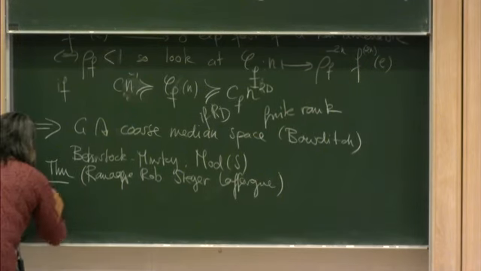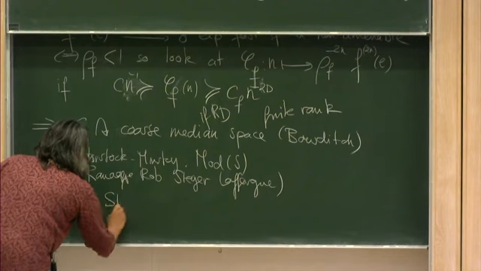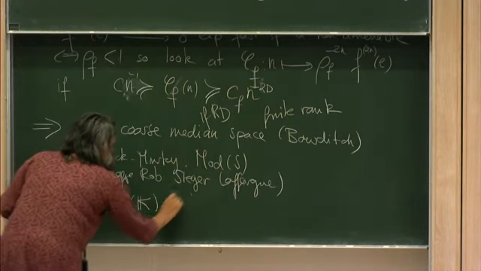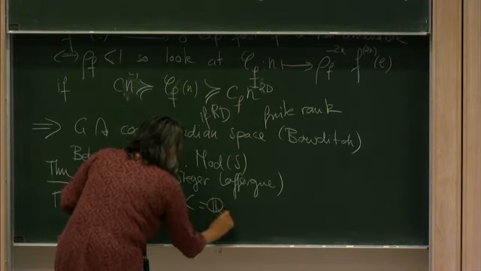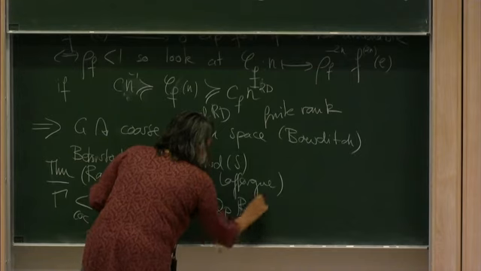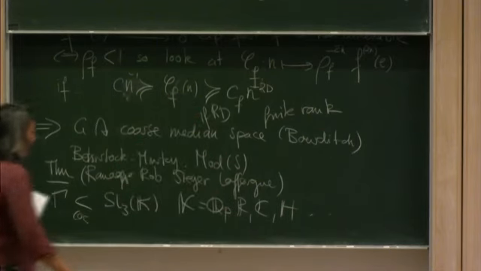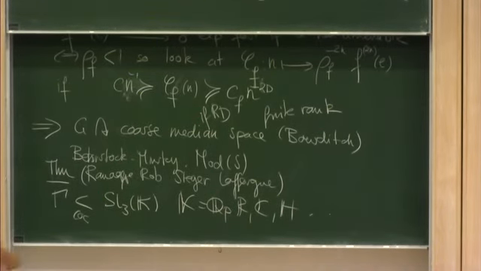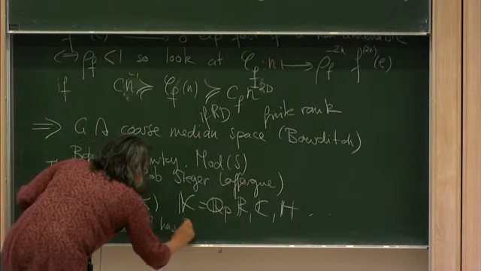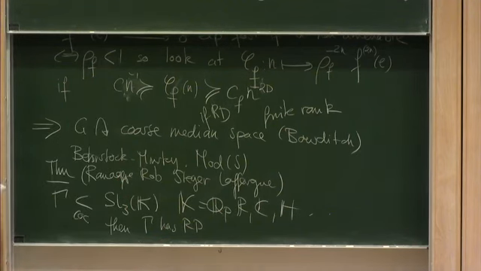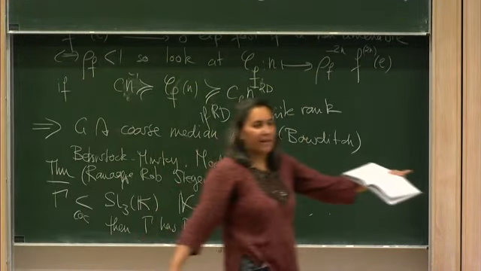That says that if gamma is co-compact in SL3K, K is R, Q_p, C, H, and there's another guy, then gamma has rapid decay. So you can't get it that way.